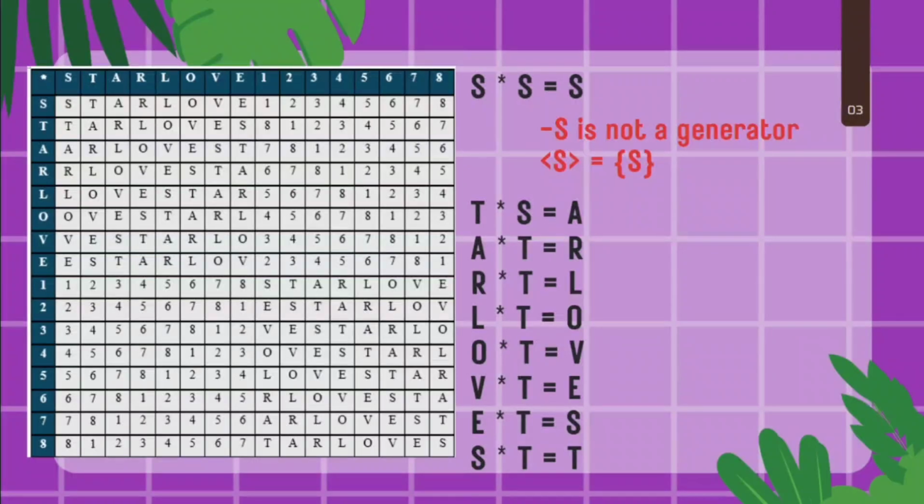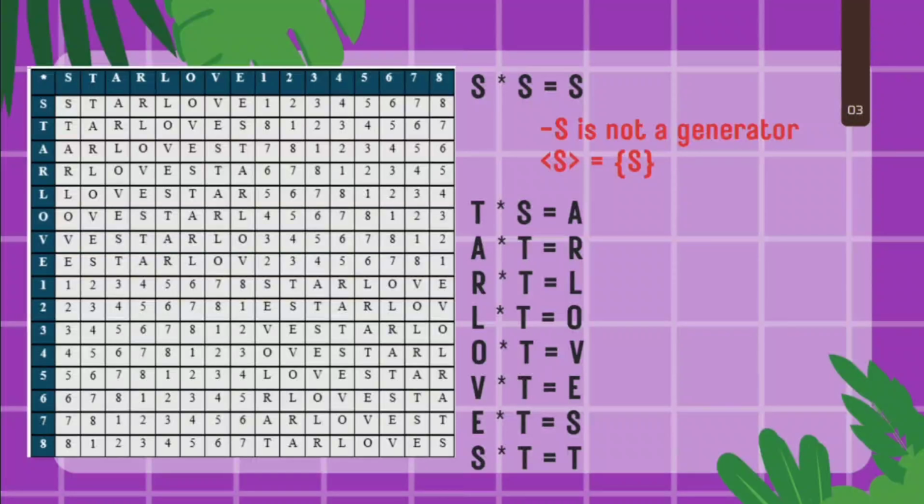Now, let's determine if the element T is a generator of our group. So, T star T is equal to A, star T is equal to R, star T is equal to L, star T is equal to O, star T is equal to V, star T is equal to E, star T is equal to S, star T is equal to T. As you can see, element T did not generate all the elements that we have in our table.